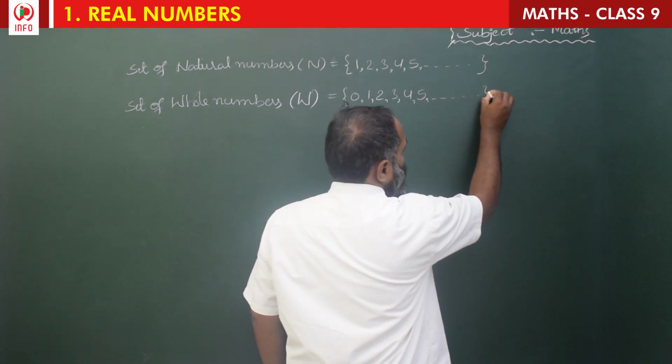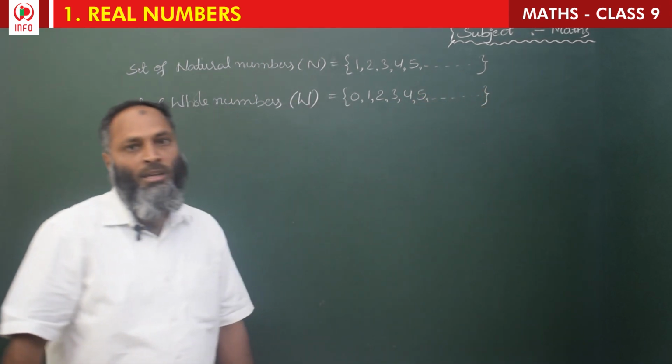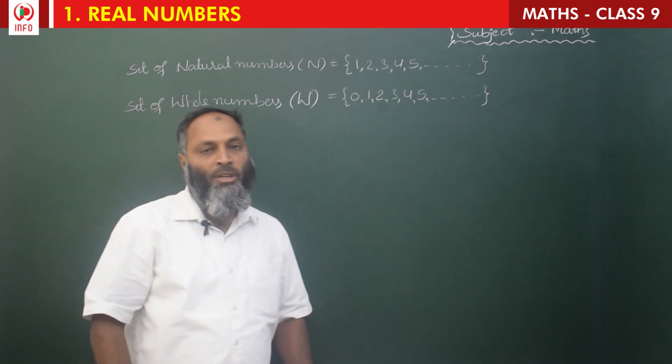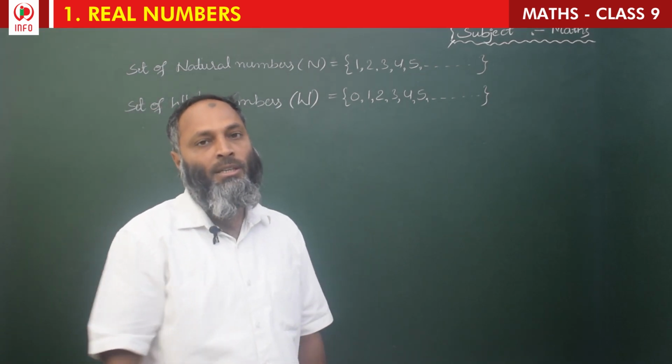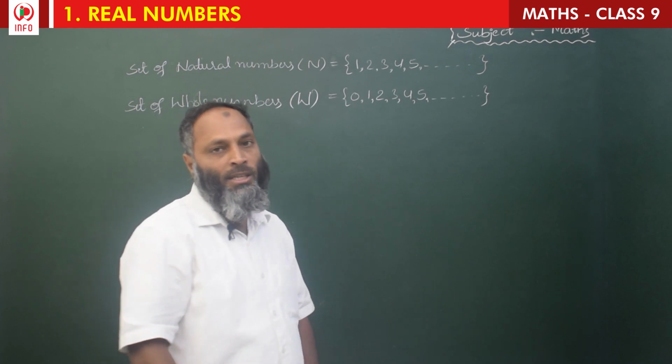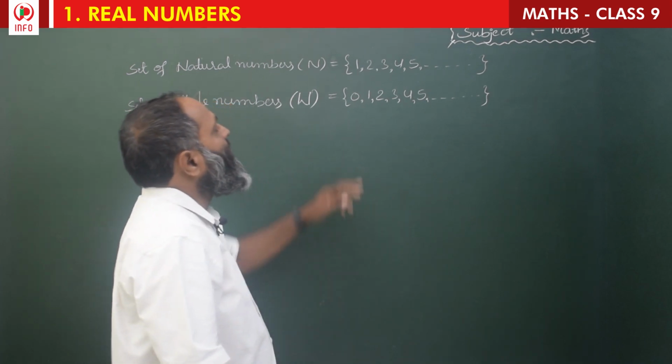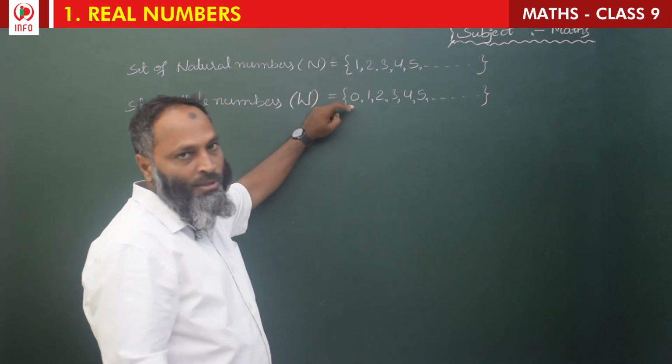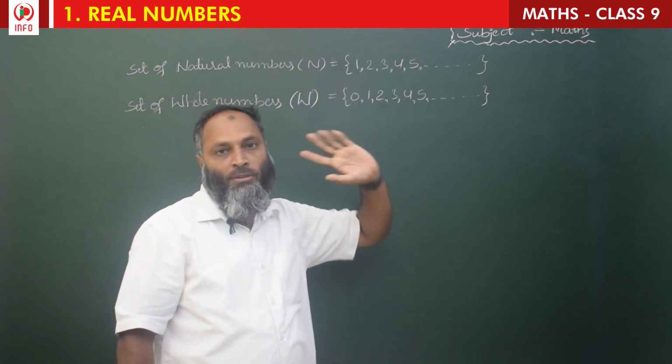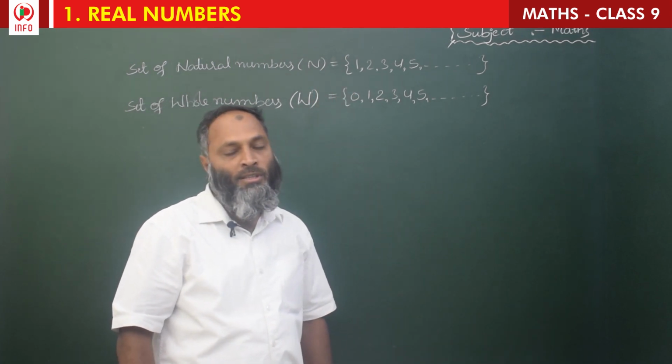Only one minor difference is there between the set of natural numbers and the set of whole numbers. That is, 0 is there in the set of whole numbers, but in natural numbers we don't have 0.